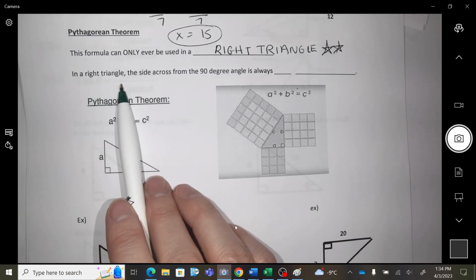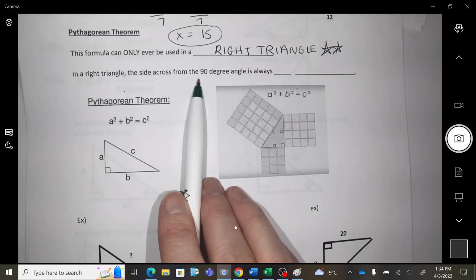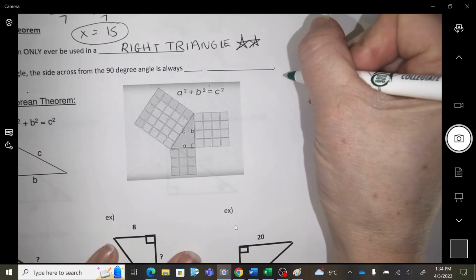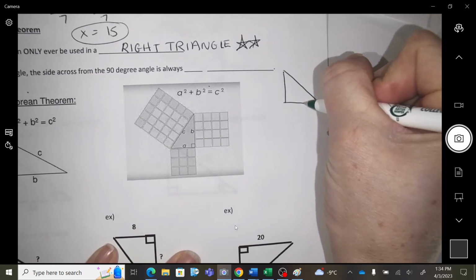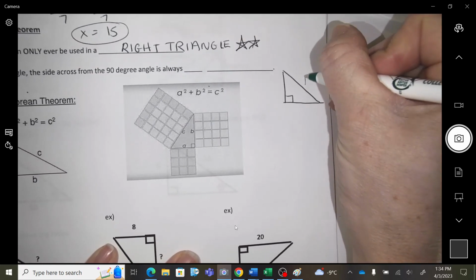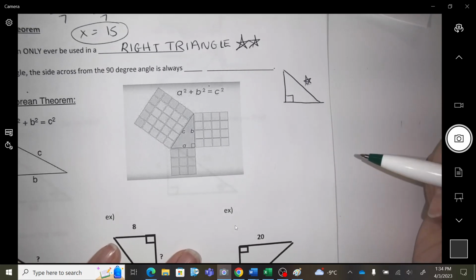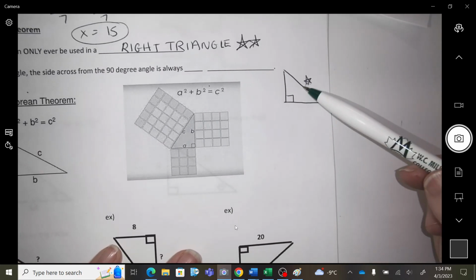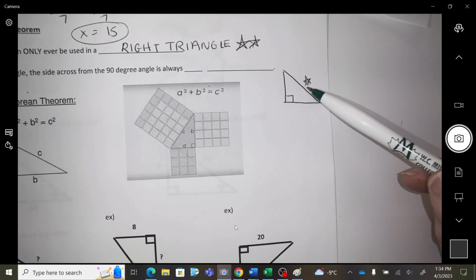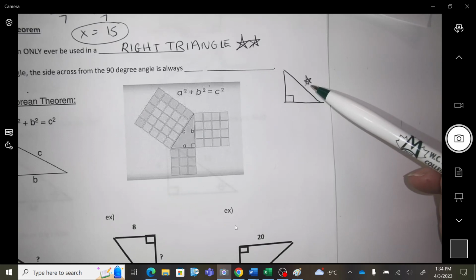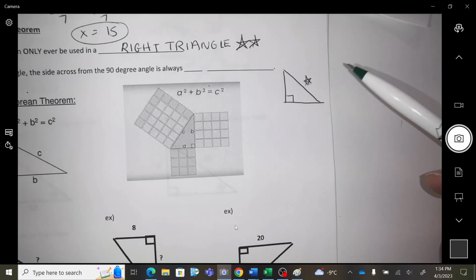In a right triangle, the side across from the 90-degree angle is always... so what is this side across from the 90? What can you tell me about this side? Physically, it has to be what? Anybody know?